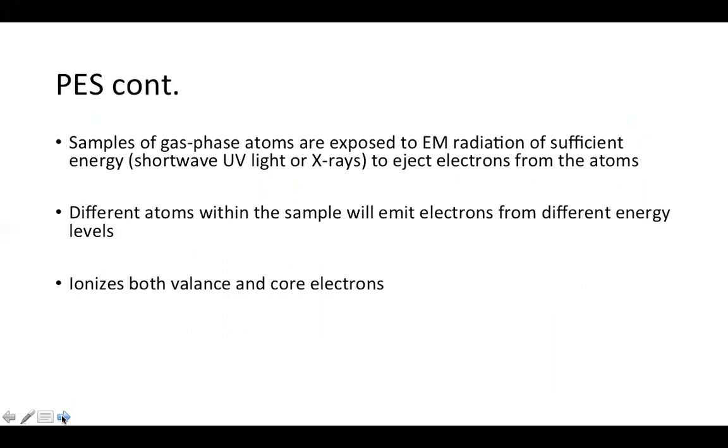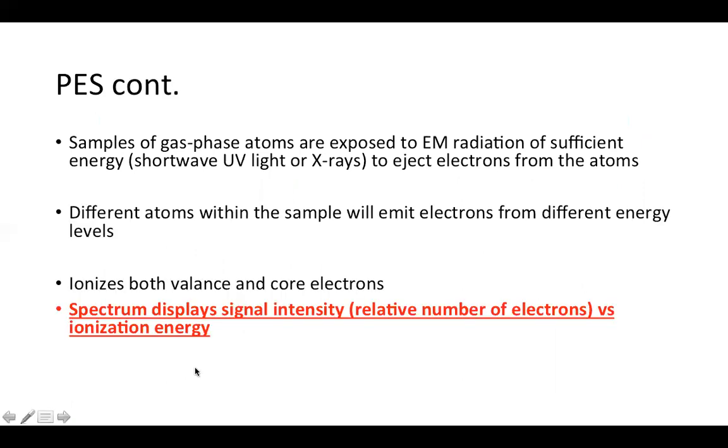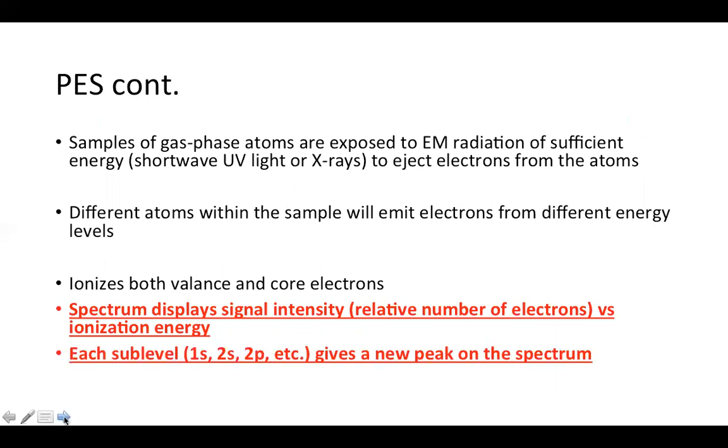So on the spectrum, you're going to have several different peaks, and each of these peaks is going to correspond to a specific sublevel. If you're looking at the complete photoelectron spectrum of hydrogen or helium, of course that would just have one peak, but if you're looking at anything beyond that, you're going to have two or more peaks.